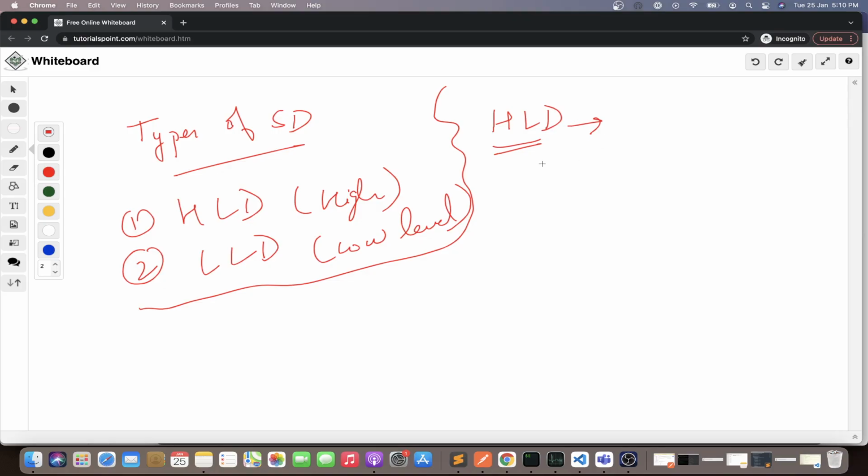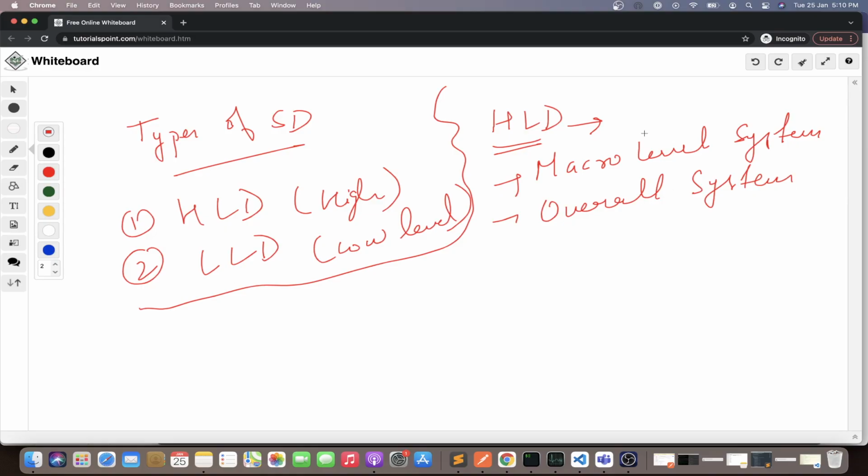High level design is the macro level design. It covers the overall system, the bird's eye view. When we see things from the macro point of view, it's the overall system.